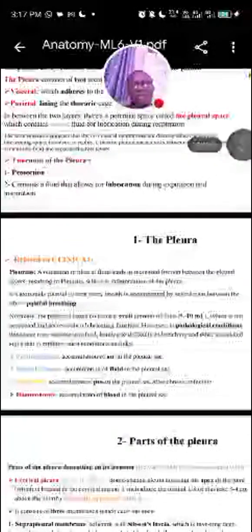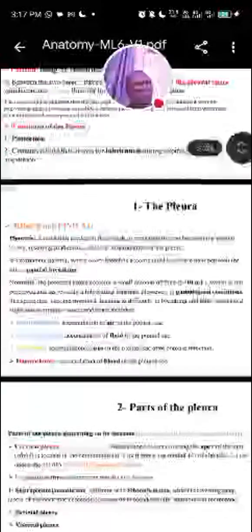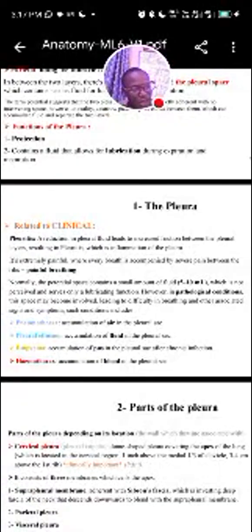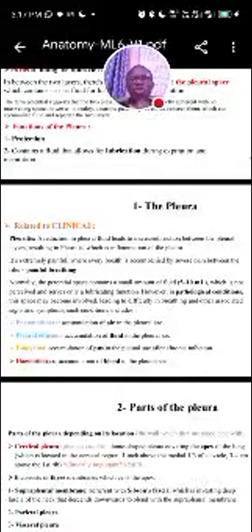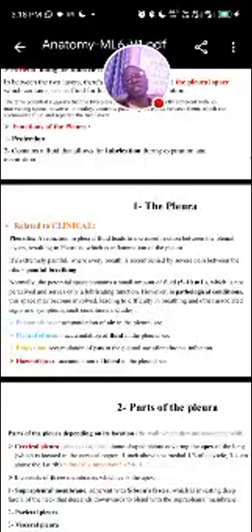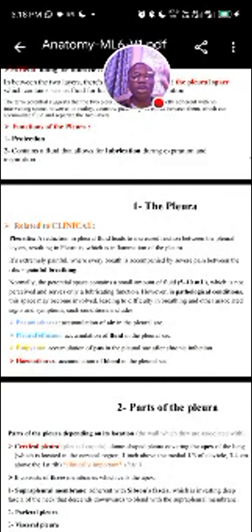All right. Let's look at the related clinicals, what you call clinical significance. In the upper and lower limb, you need to know about 5 clinical significances of a structure. Some clinical significances are common to all structures. For example, to all bones, fracture is common.